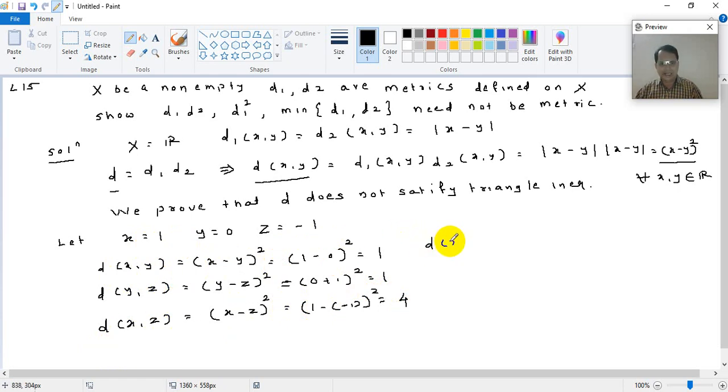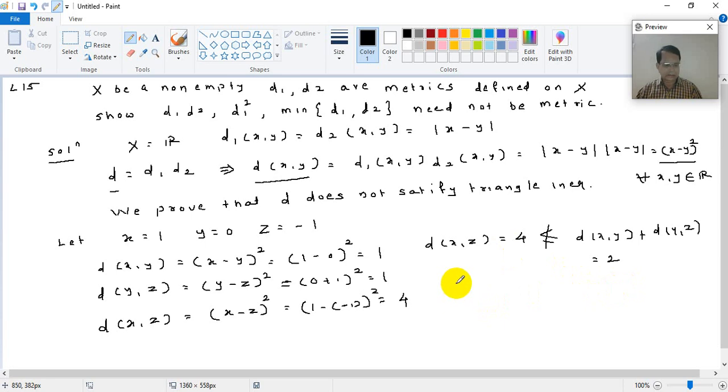So d(x, z), which is equal to 4, is not less than or equal to d(x, y) plus d(y, z), which is equal to 2. 4 is not less than or equal to 2. So we get a contradiction at the triangle inequality, right?